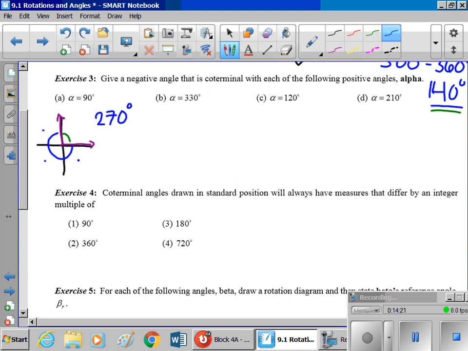Let's do one more. So if we draw our coordinate plane, and then we draw our initial ray, and we go around 330, so that means 90, 180, 270, and then 60 degrees further to here. So our positive angle is this.